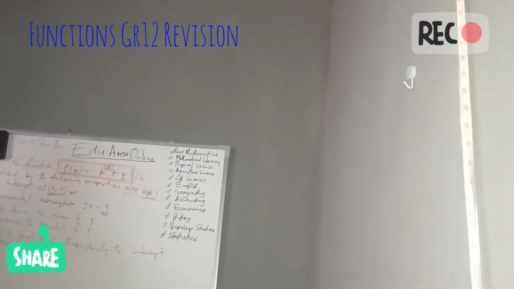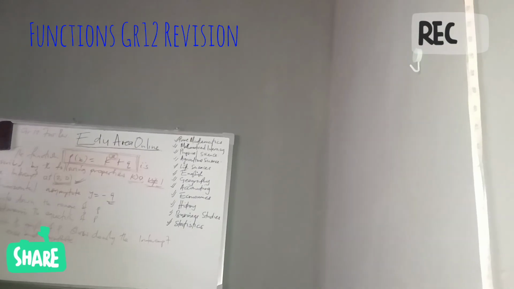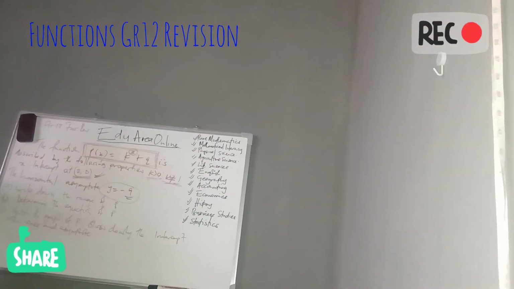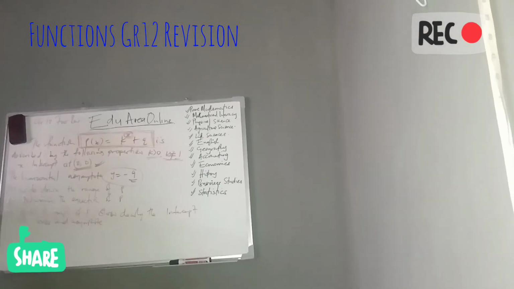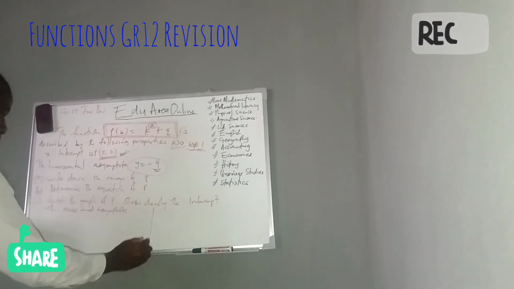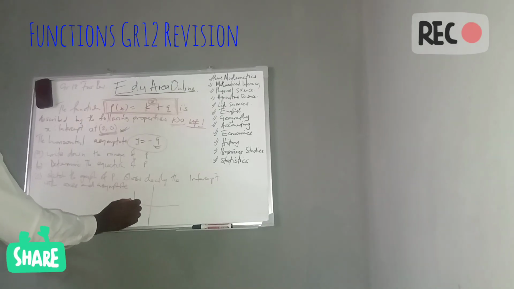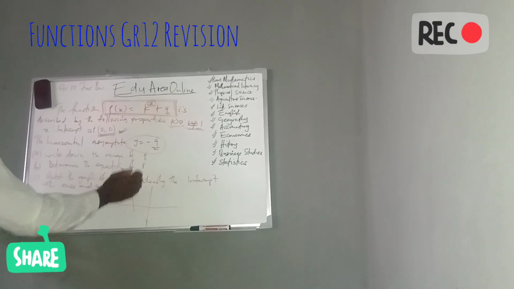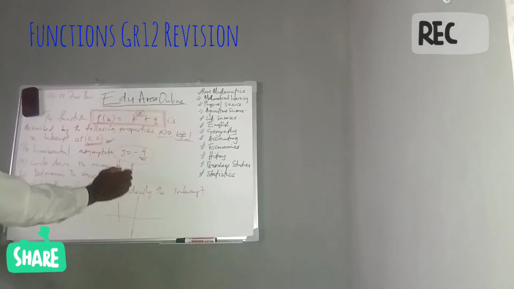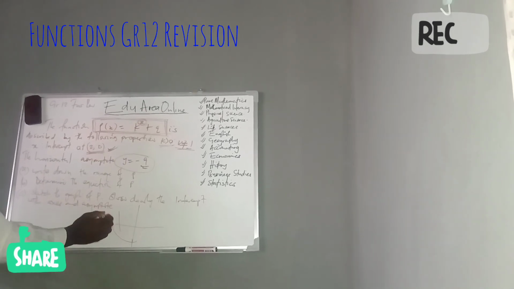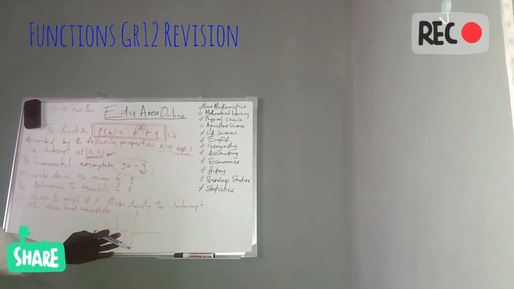The question is saying the horizontal asymptote is minus 9. So what does it mean? When we're talking about the horizontal asymptote, let's say this is, it's not a parabola, it's an exponential. So let me draw an exponential like this, not in that way.